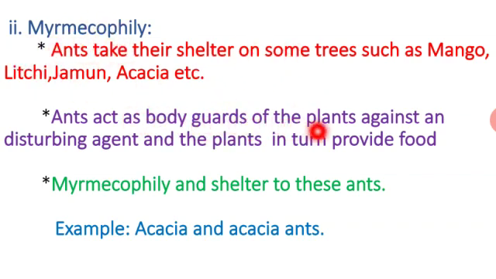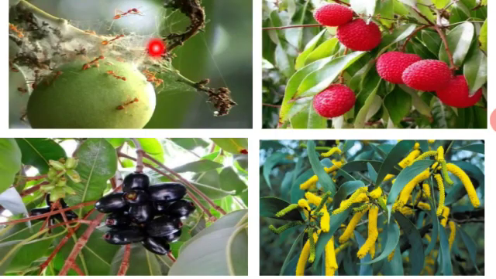The ant acts as a bodyguard for the plants against any disturbing agent. If any other organism disturbs these plants, the ants act as bodyguards. So the plant also gives shelter to the ant, for example acacia and acacia ants. Mango, lychee, jamun and acacia are plants that give shelter to ants, and the ants also act as bodyguards for these plants.